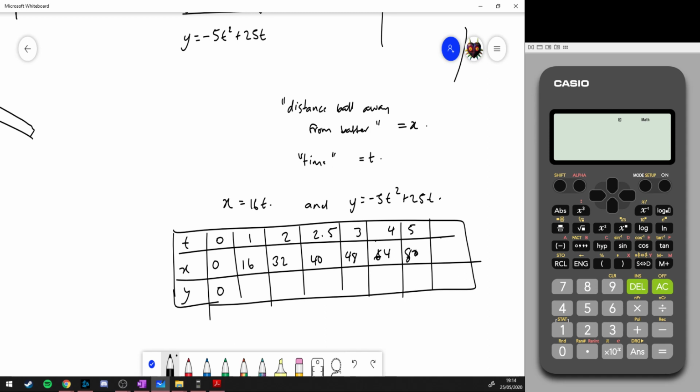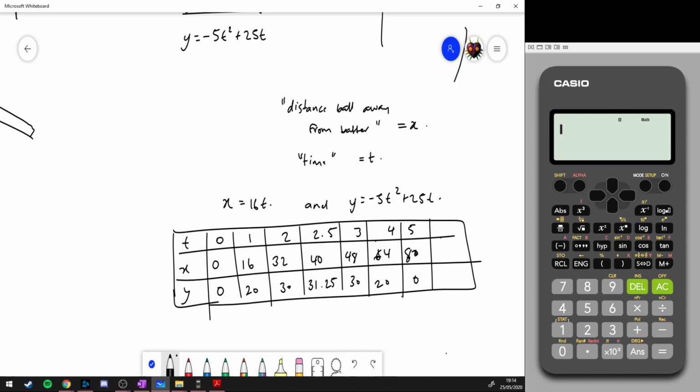Then substituting our t values into our y equation, after 1 second it's equal to 20, and then 30, and then 31 and a quarter, so 31.25, and then 30. So it hits that peak, and it's going to come back down again.